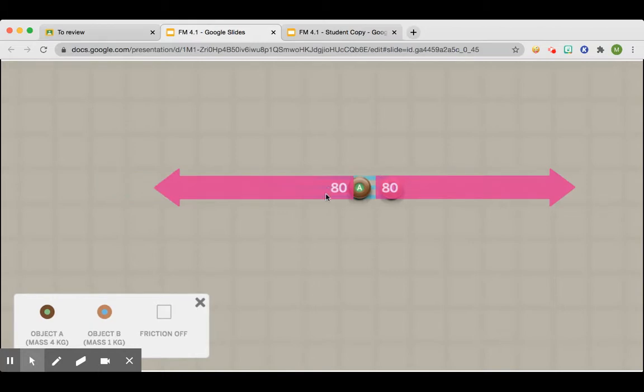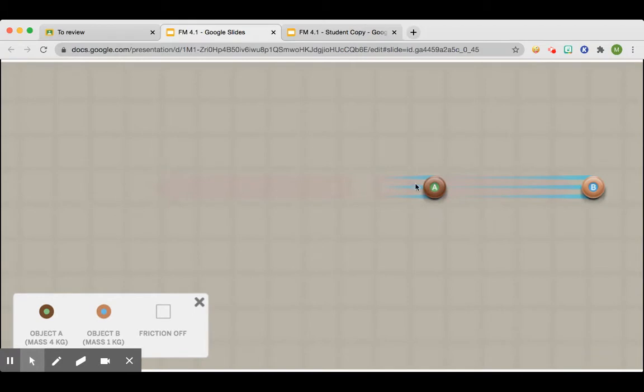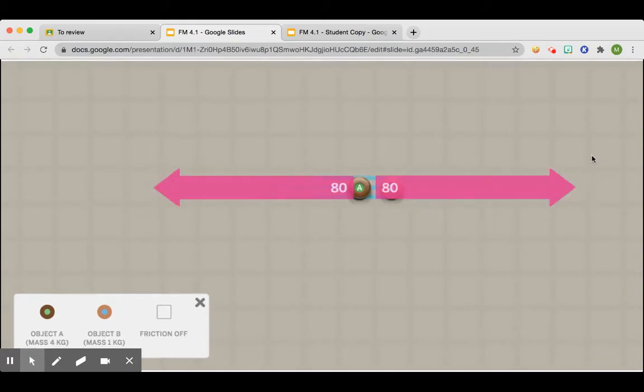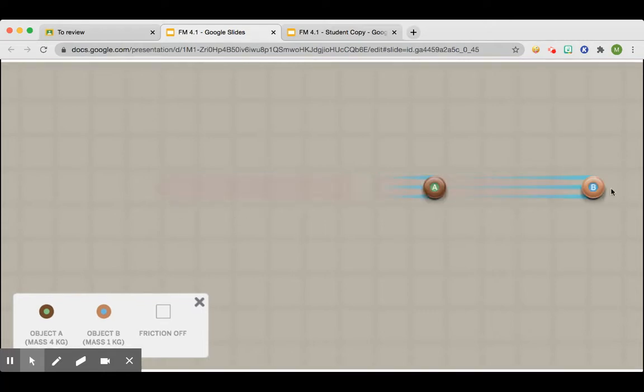When they collide, same strength force in the opposite direction, but because they're different masses, they will have different changes in velocity. In this case, A will keep going forward because an opposite direction force only slows it down, it does not stop it, while B, you can see, isn't moving and then speeds up.